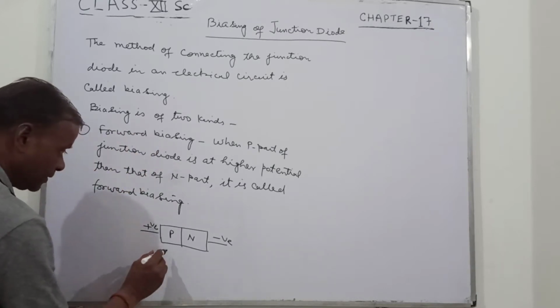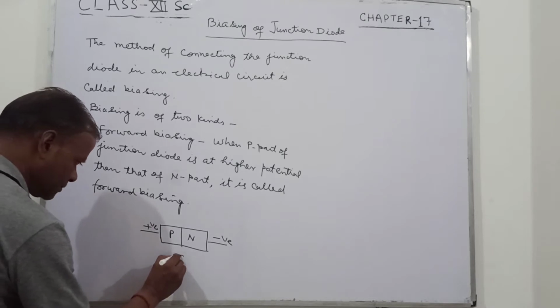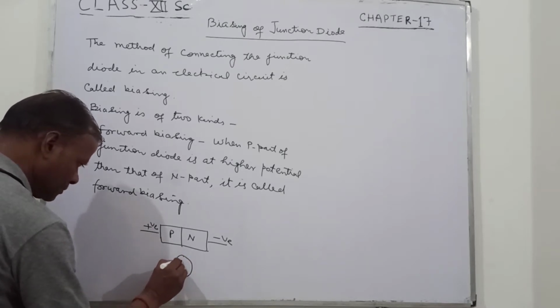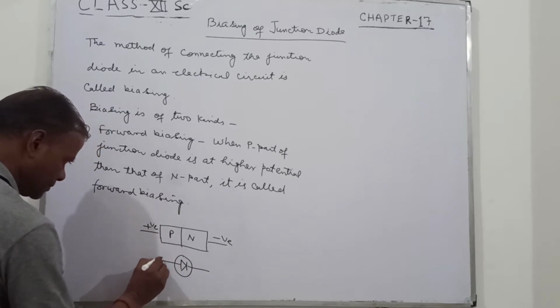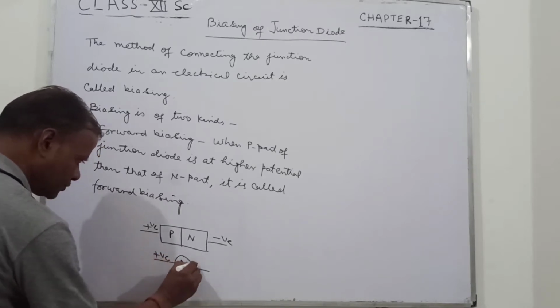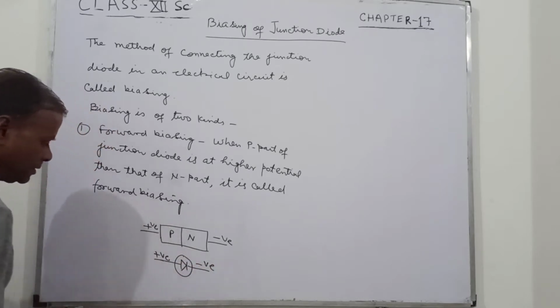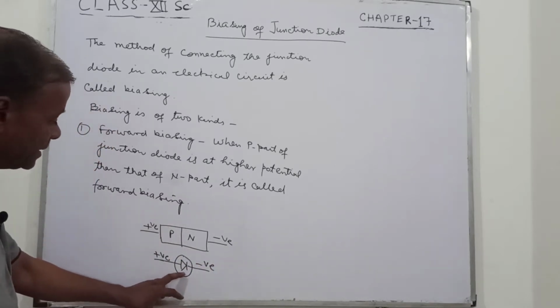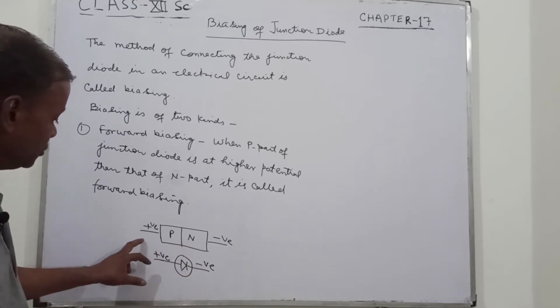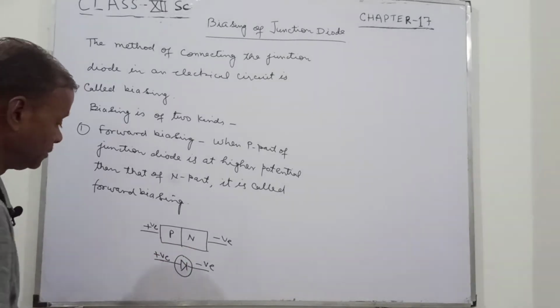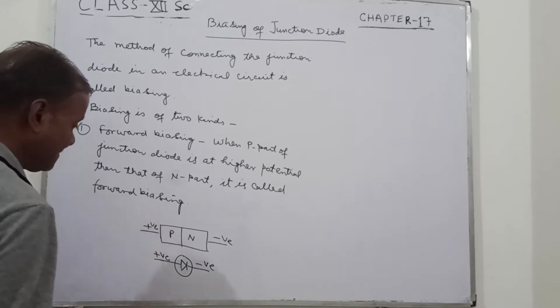Or we can have the symbol like this, this is positive and this is negative. Here the triangle represents the P part and the vertical line represents the N part. So this is the symbol of a junction diode.